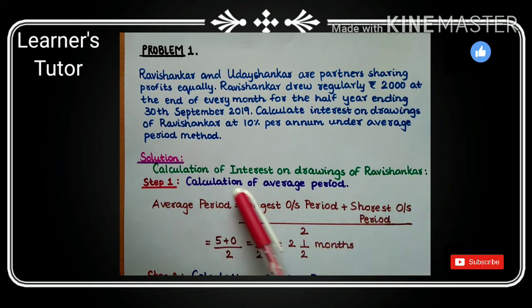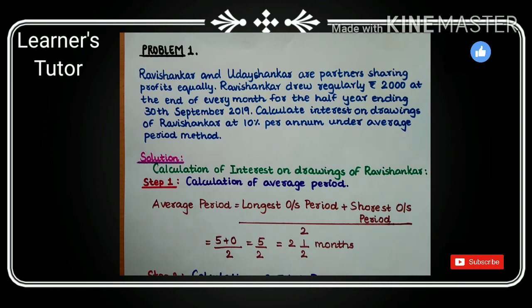Step 1 is calculation of average period. What is the formula? Average period is equals to longest outstanding period plus shortest outstanding period. So in case of end of every month, see, end of every month means it is 30th April to 30th May is 1 month. So like that till September.